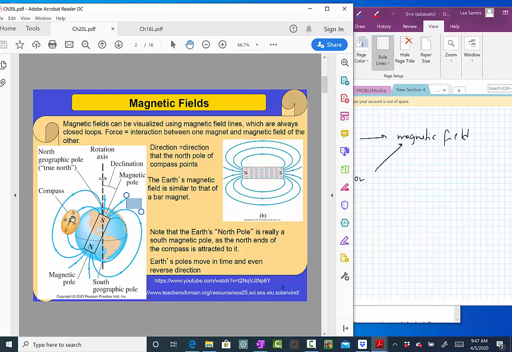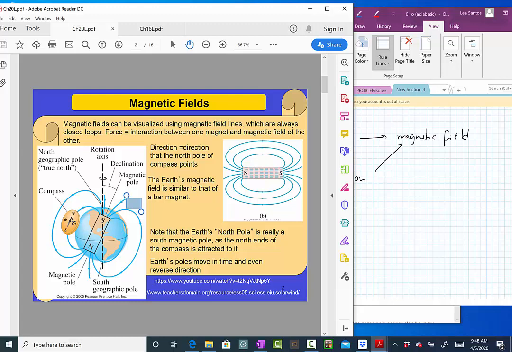So the north pole of the needle points towards the south magnetic pole of Earth, no? Because the north is attracted by the south. So when we talk about the north geographic pole, we have in mind where the compass needle is pointing towards. Okay? So there is this little funny confusion.